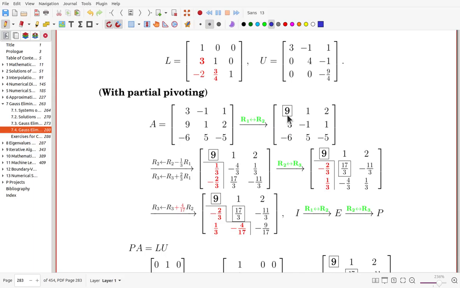Now it's the largest value. And here we start Gauss elimination. So the ratio is 1/3 and the ratio is minus 2 over 3, with the corresponding row operations. Okay, so we finished this first column.